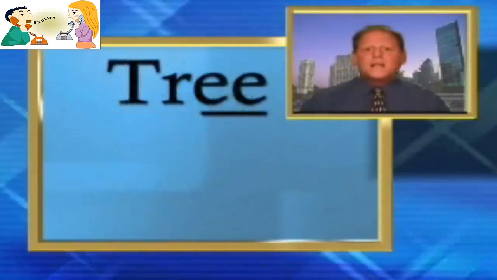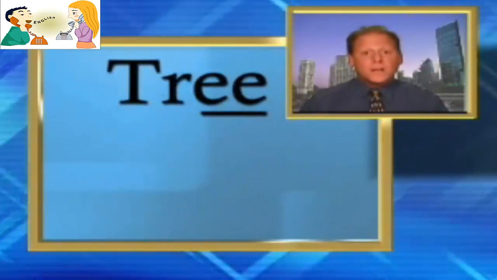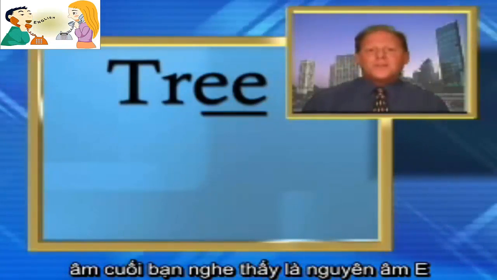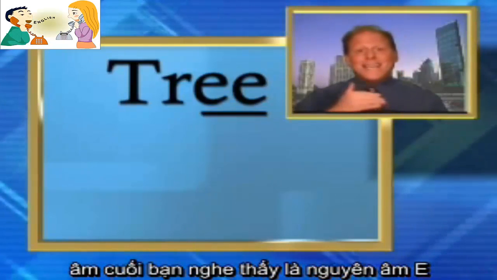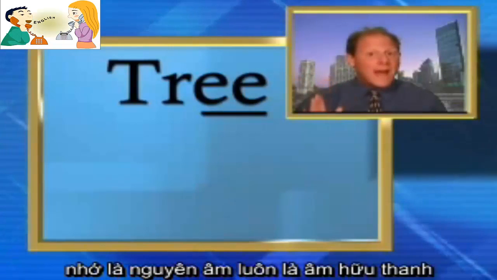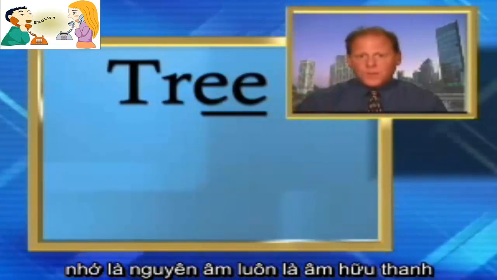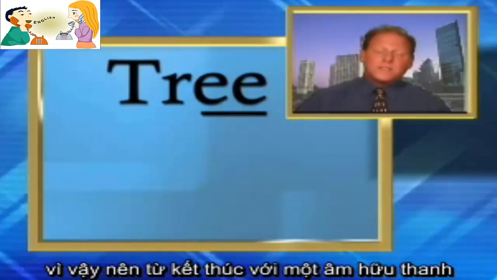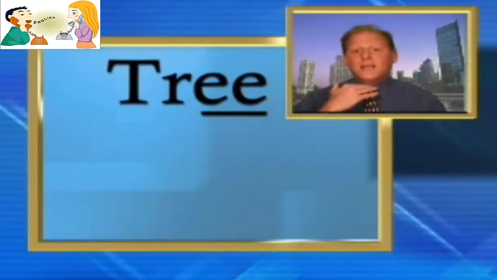It's simple. Let's look at the word tree. The last sound you hear in that word is the vowel E. And remember, a vowel is always voiced. So the word ends in a voiced sound. Tree.